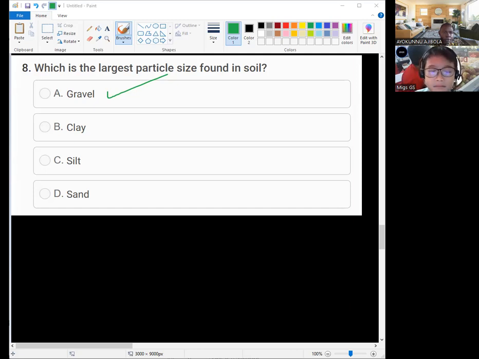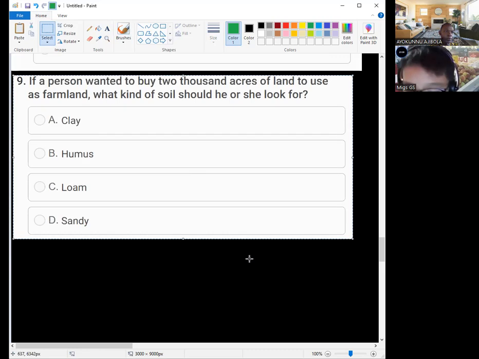If a person wanted to buy 2,000 acres of land to use for farming, what kind of soil should he or she look for before buying the land? Should you go and buy where there is clay, or where there is humus, or where there is loam or sandy?